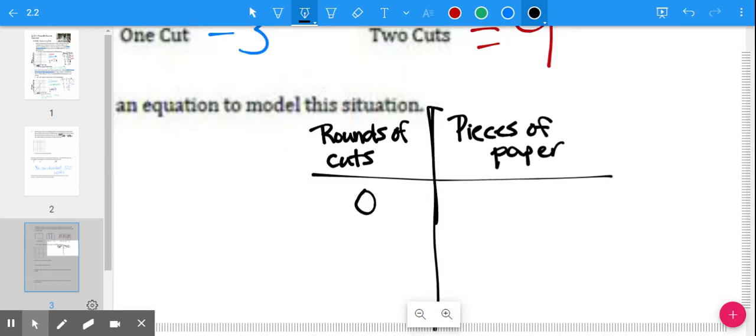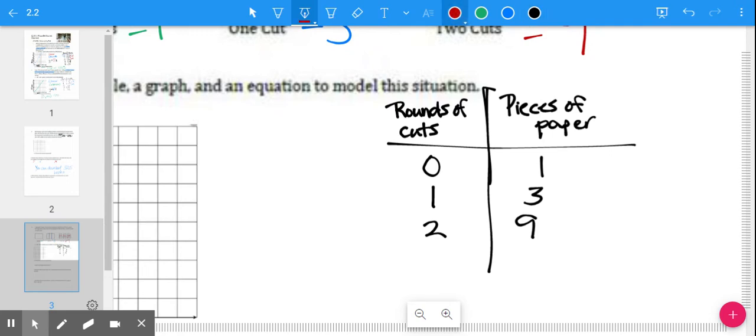So at 0 cuts, there was 1 piece of paper. At 1 cut, there were 3 pieces of paper. At 2 cuts, there was 9 pieces of paper. So if we look for our rate of change at this point, we notice that we're multiplying, because the only way to get from a 1 to a 3 to a 9 is through multiplication. So we're multiplying by 3, and that lets us know that this one is exponential.